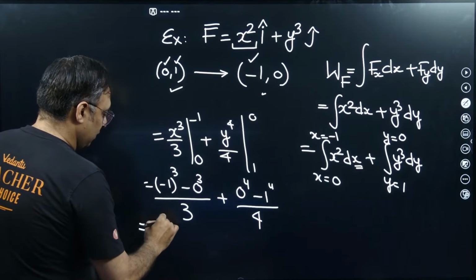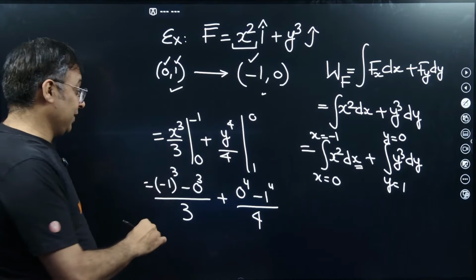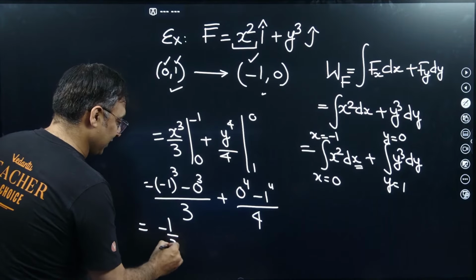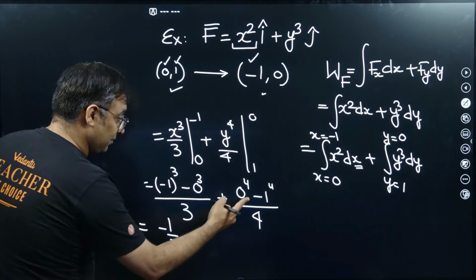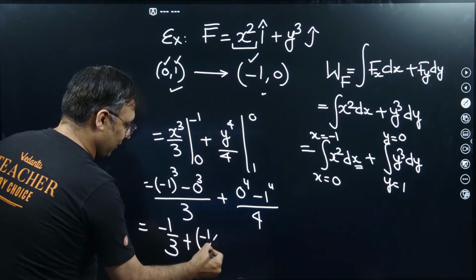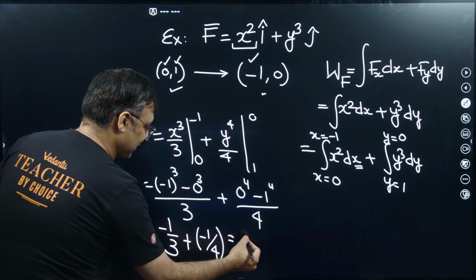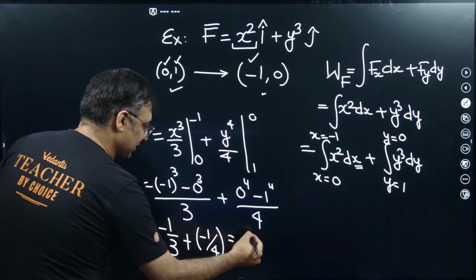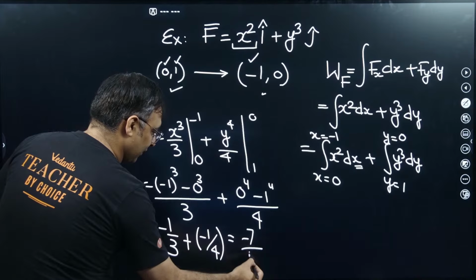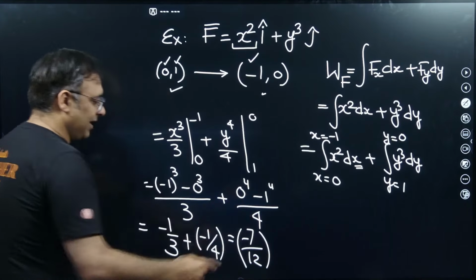You get minus 1 by 3 plus minus 1 upon 4. Taking the common denominator, 4 plus 3, 7 upon 12. So the answer is minus 7 upon 12.